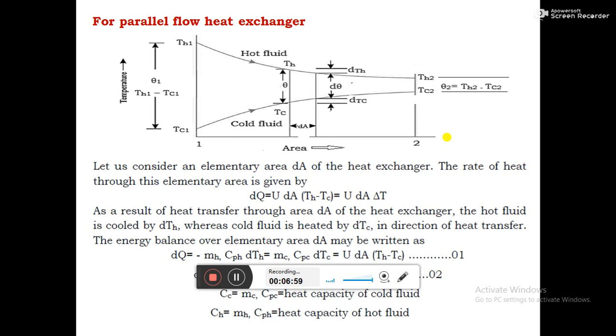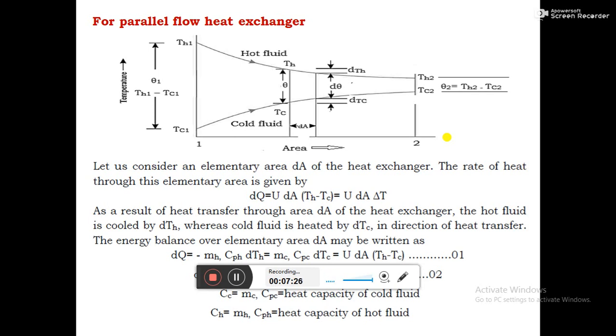The assumptions which we considered for the LMTD method are the same for the NTU method also. The first assumption is that the specific heats of both the fluids remain constant and flow conditions are steady.